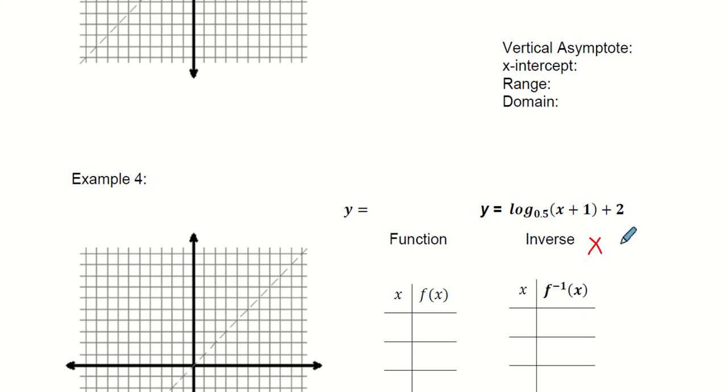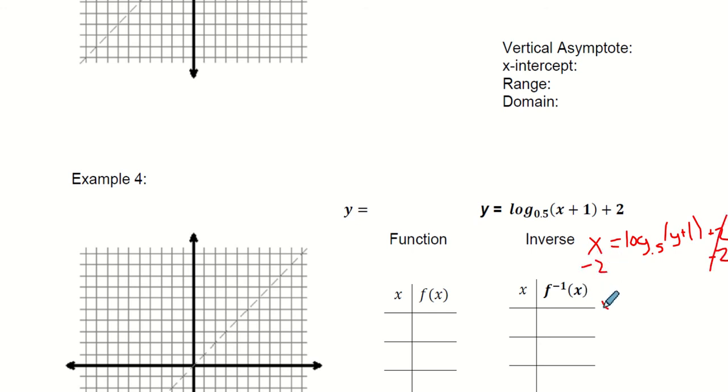I'm not going to do the whole thing, but I just want to show you what your first step would be. So log base 0.5 of y plus 1 plus 2.